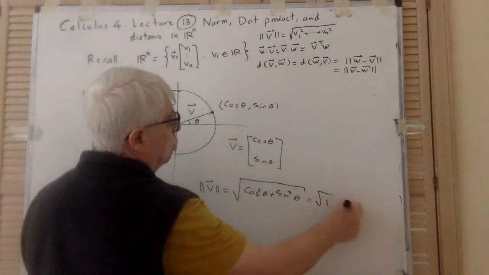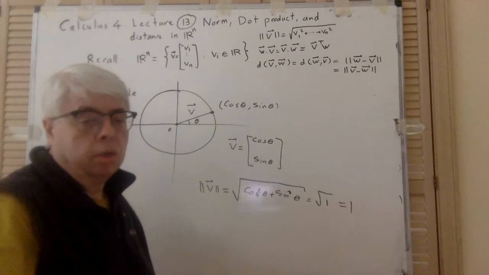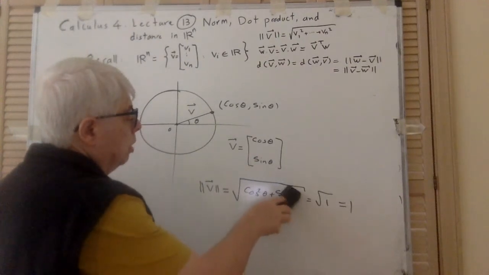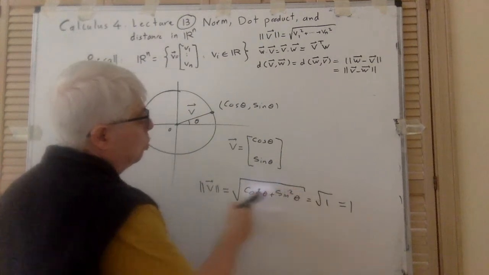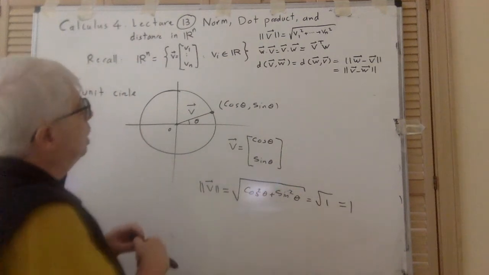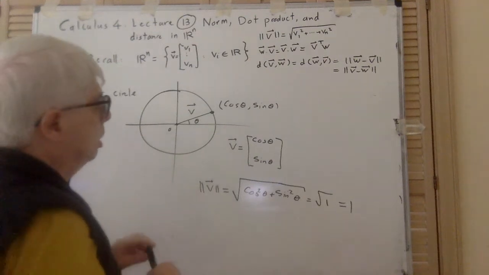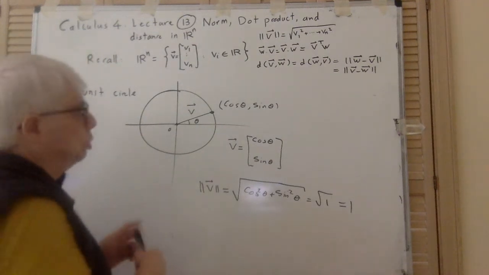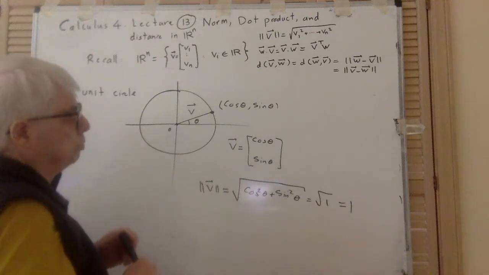So the norm of this vector is 1, no matter what theta is. So any point on the unit circle, as a vector, is a unit vector.